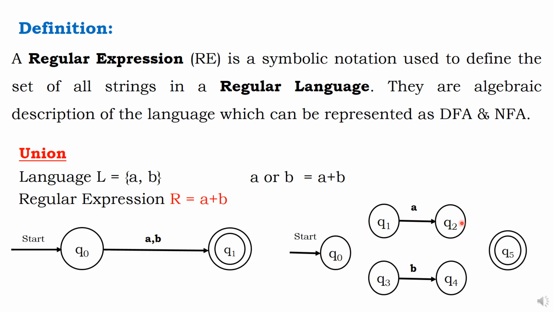Go in this path, I got A, or go in this path, I got B. This is starting, this is ending, the final state. Sir, how to connect? Just to connect, but with no input. So we do have epsilon as our strong symbol. Epsilon indicates no input. So from the start, A or B, what is the expression? A plus B. This symbol is nothing but union.